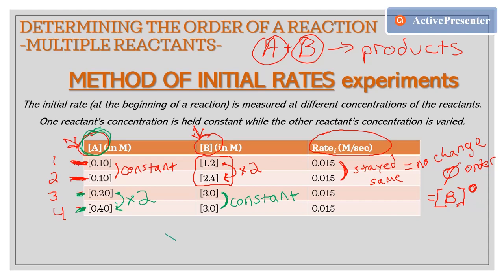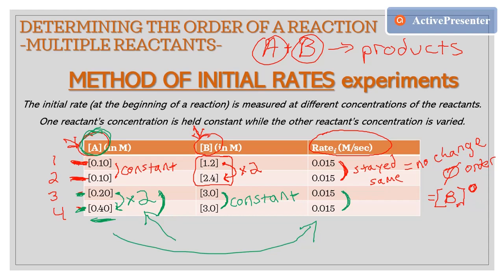We kept the concentration of B at a constant, so that way we can use the concentration of A as the variable in these last two experiments, 3 and 4. As we already said, between 3 and 4 we doubled the concentration of A from 0.20 to 0.40. So now we need to check what it did to the initial rate. And look, it didn't change anything.